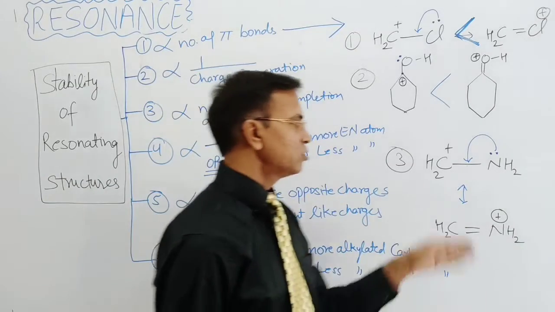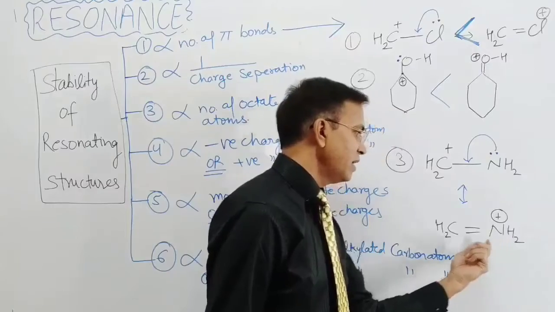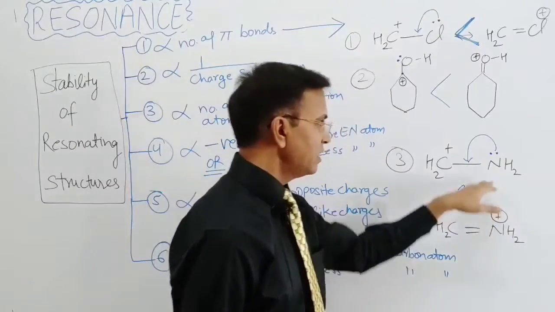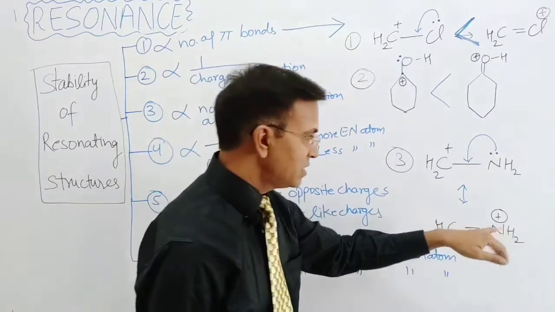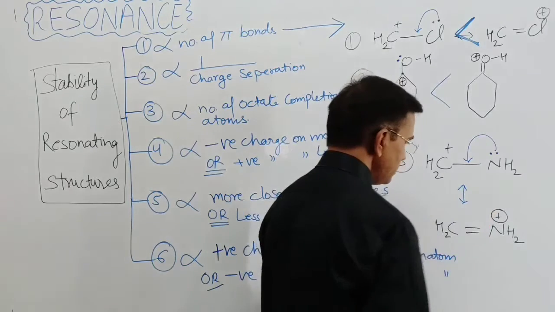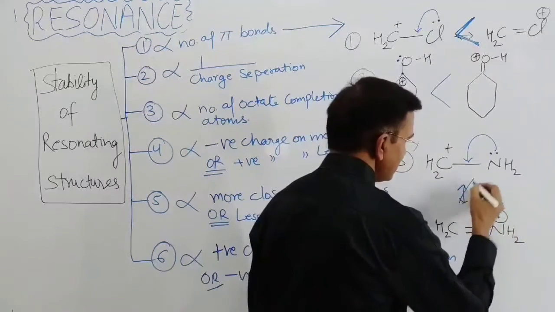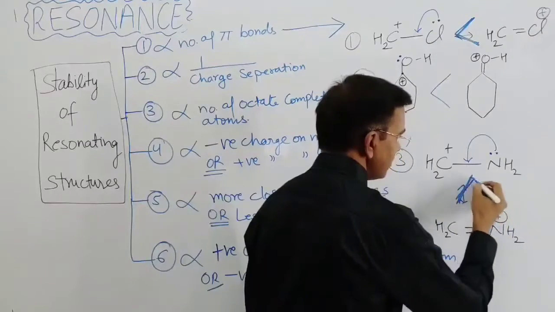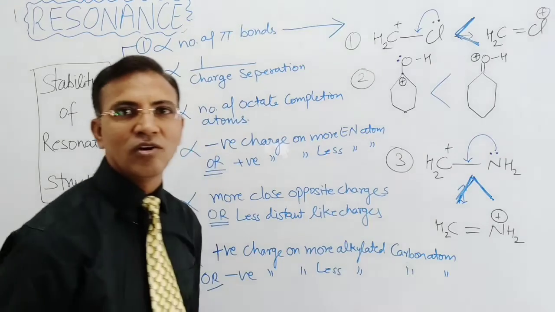So in this species no double bond is there, here one double bond is there. That means this species is more stable than this.